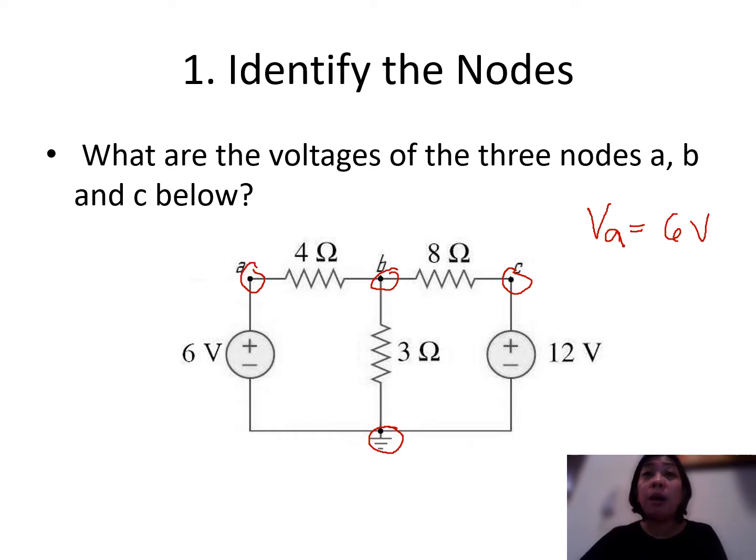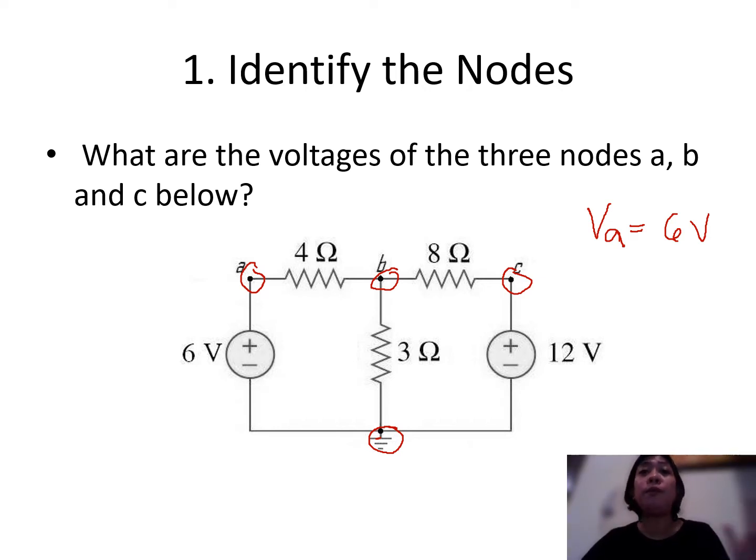Where is point A located? It is located here together with our ground, which is our reference node. You can see the source, which is 6 volts. Therefore, we can easily say that VA is equal to 6 volts.